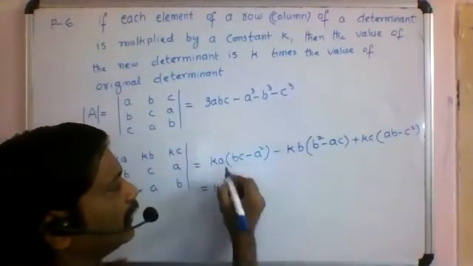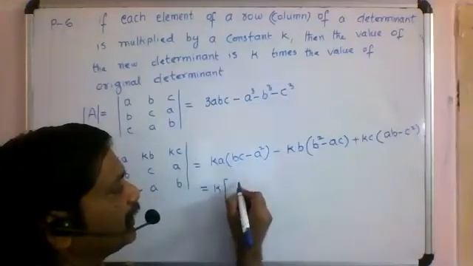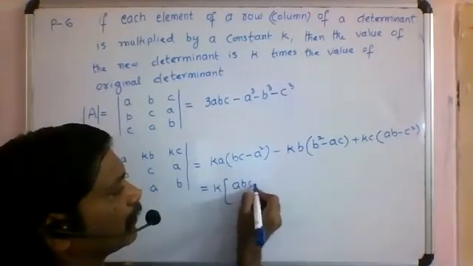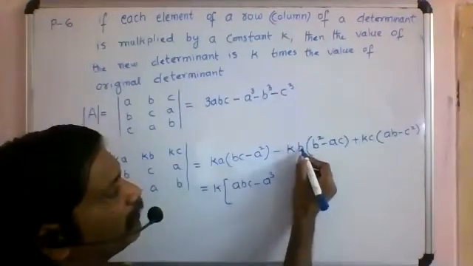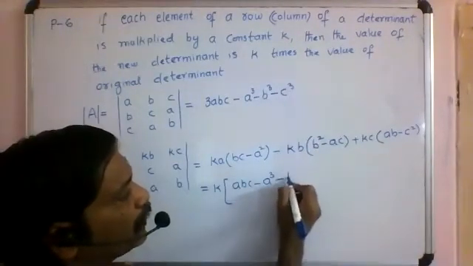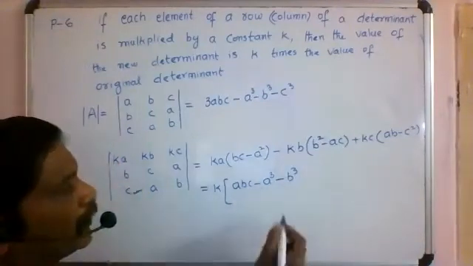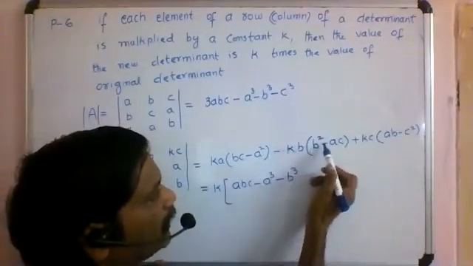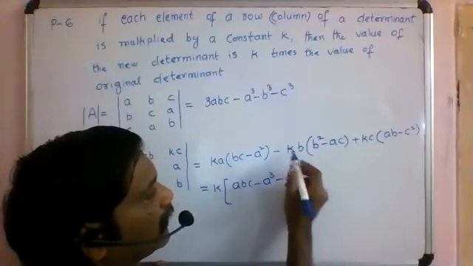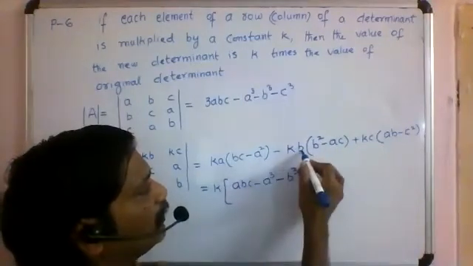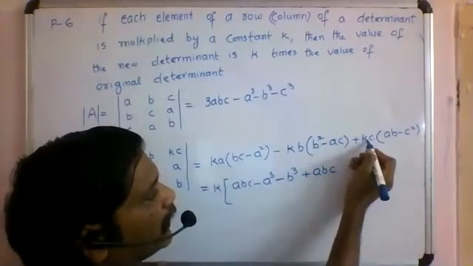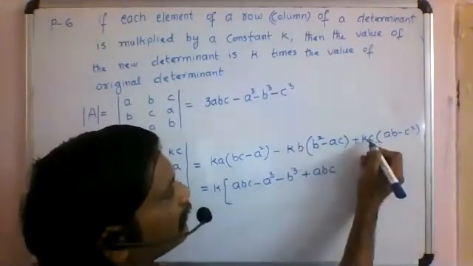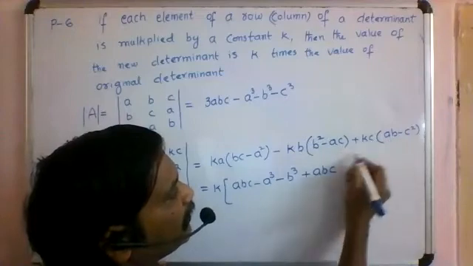Now, in the remaining, you multiply straight away. We have ABC here, minus A cube, minus B into B square is B cube, so it became minus B cube. Minus of minus is plus. K is outside. B into AC is ABC. This is plus only, so C into AB is ABC.